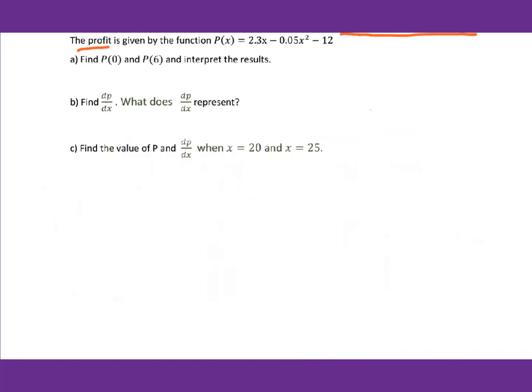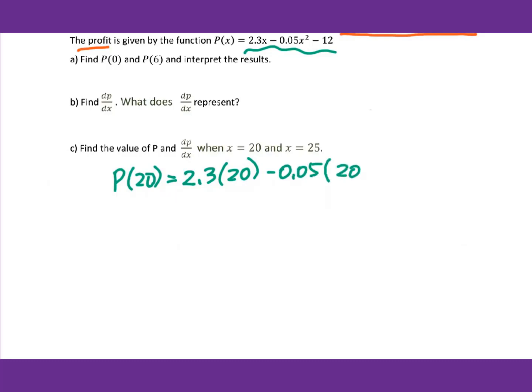Now let's go to C. Find the value of P and dP by dx when x equals 20 and x equals 25. We will get the P of 20. Put 20 into the original function. We get 2.3 times 20 minus 0.05 times 20 squared minus 12 equals 14.